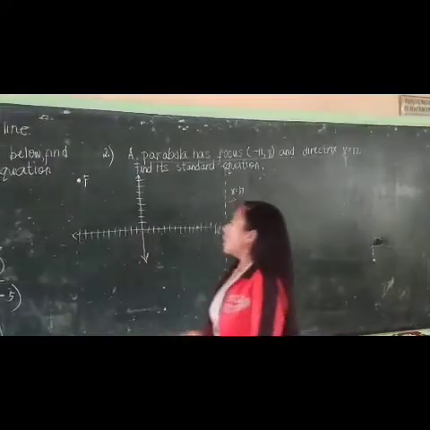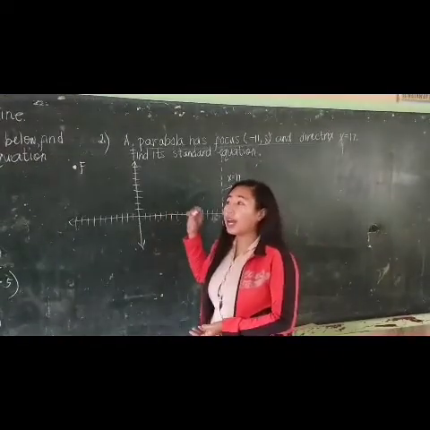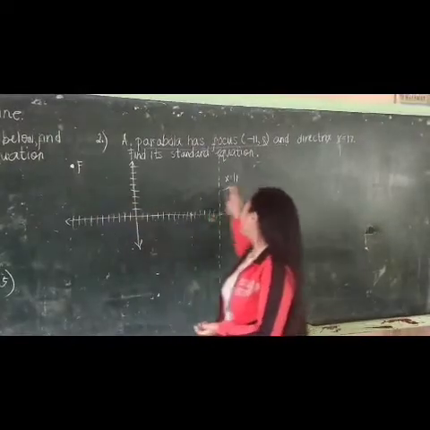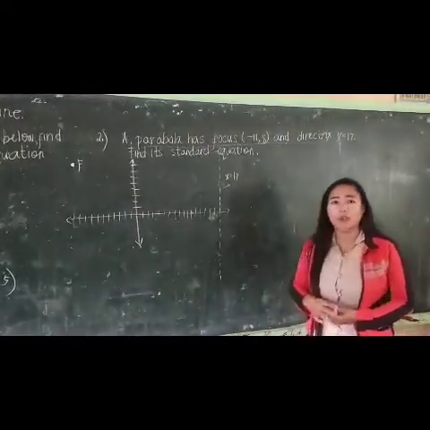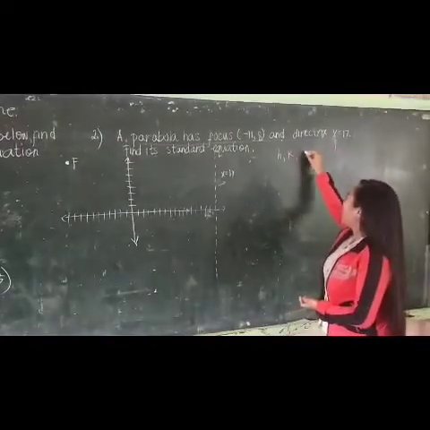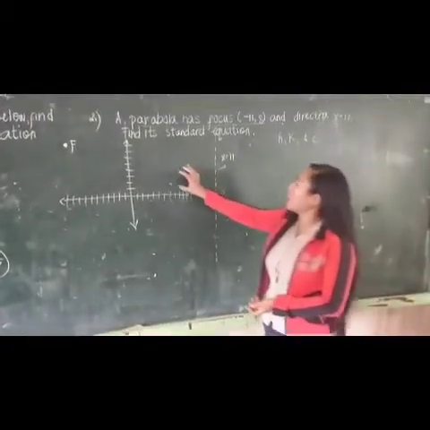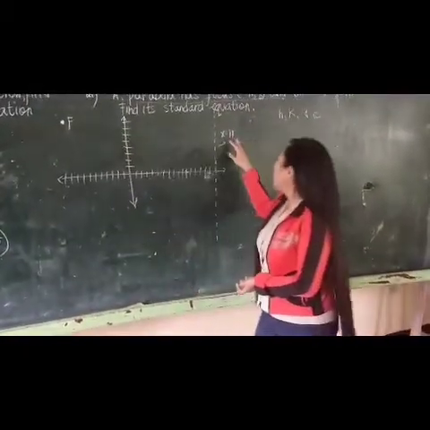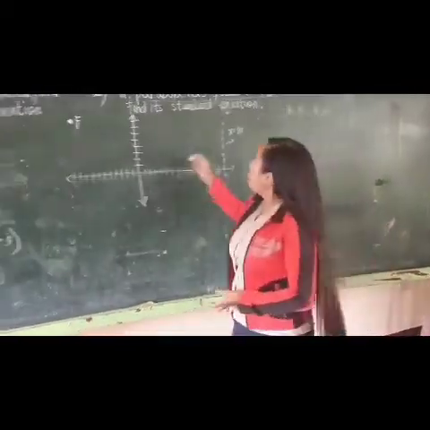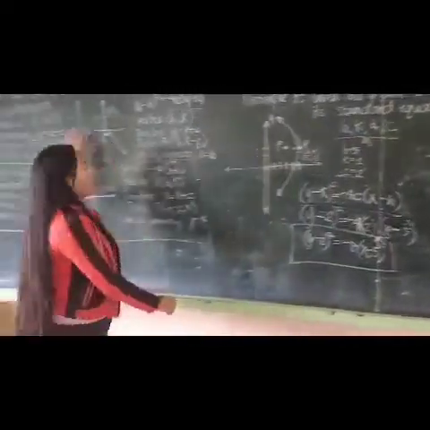Then let us analyze the given. The given is only the focus and the directrix. To find the standard equation of the parabola, we need h, k, and the value of c. So the given here is only the focus and the directrix.